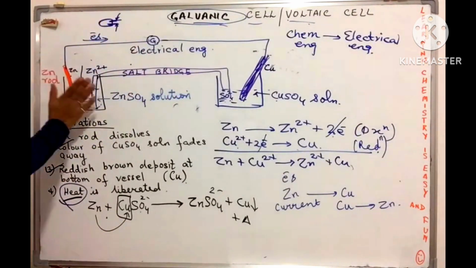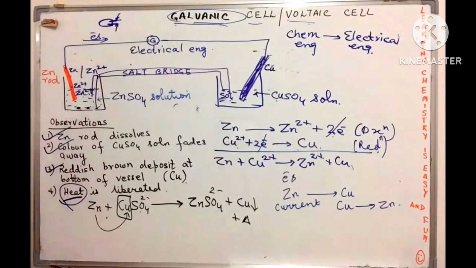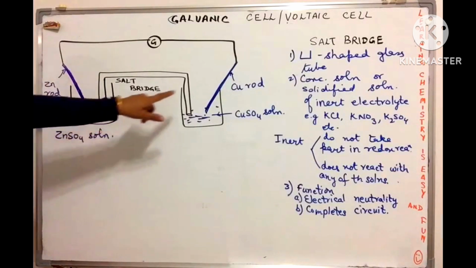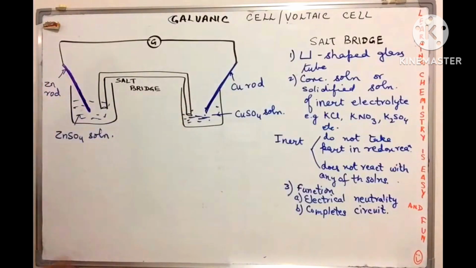Now let me draw the diagram again and explain to you the functioning of the salt bridge. I think this looks neater now. I've drawn here a galvanic cell or a voltaic cell. Again, you've got a zinc rod dipping in a solution of zinc sulfate, copper rod dipping in a solution of copper sulfate, and the additional thing that I've drawn over here this time is the salt bridge.